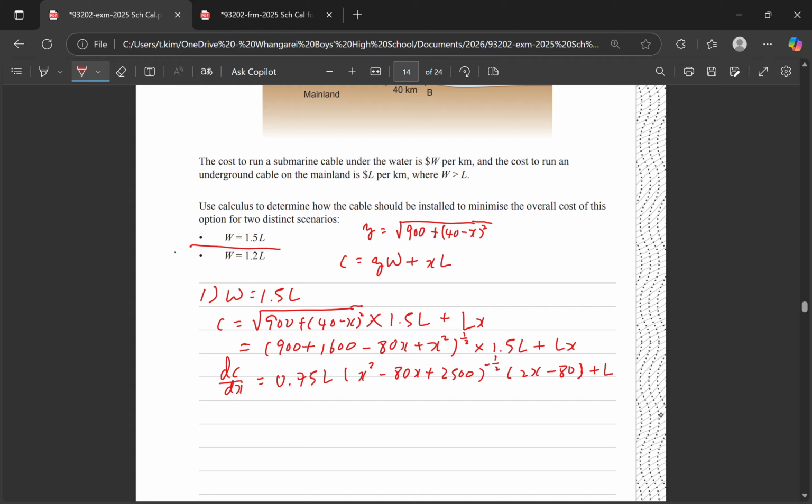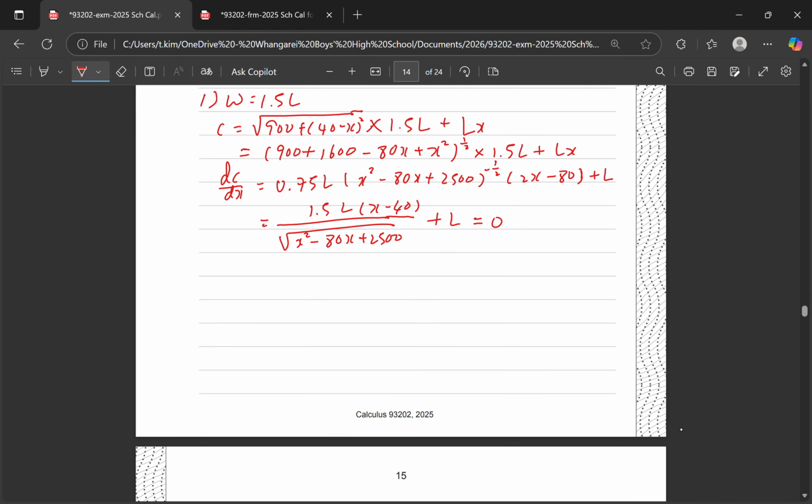So if I rewrite this, 0.75 L over square root of x squared minus 80x plus 2,500. By the way, if I factorize by 2, 2 times 0.75 becomes 1.5, and then I will say x minus 40, which looks better, and then plus L. And as you know, we have to minimize this, so it equals 0.